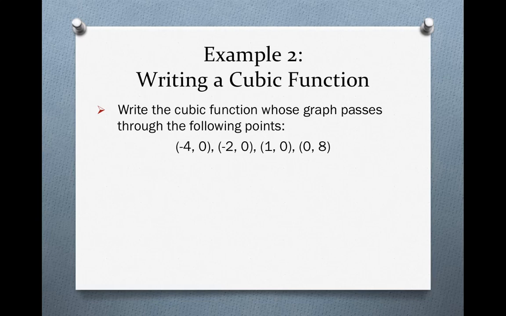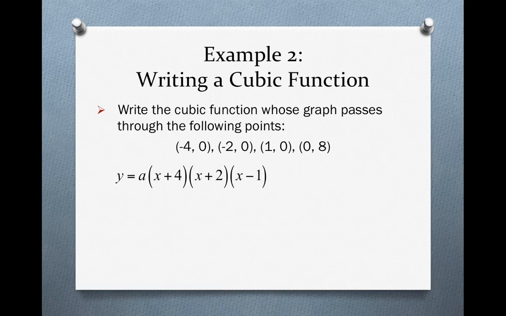Now what you need to tell from this is that these first 3 points where the y value is 0 are all x-intercept points. And so just like we did when we could see the x-intercepts on a graph, we're going to use these x-intercepts for our factors. We can also identify that (0, 8) is a y-intercept.